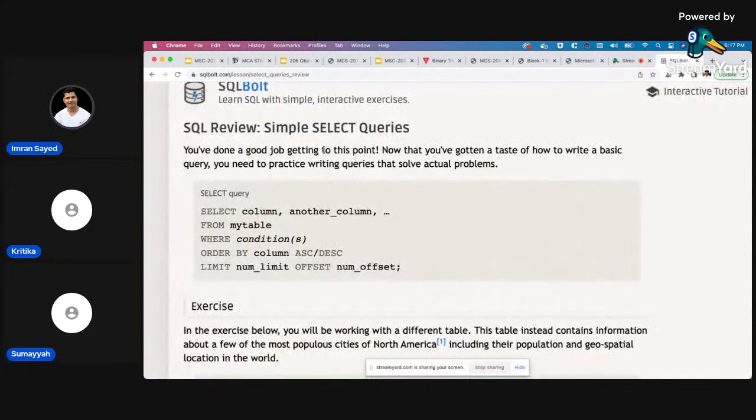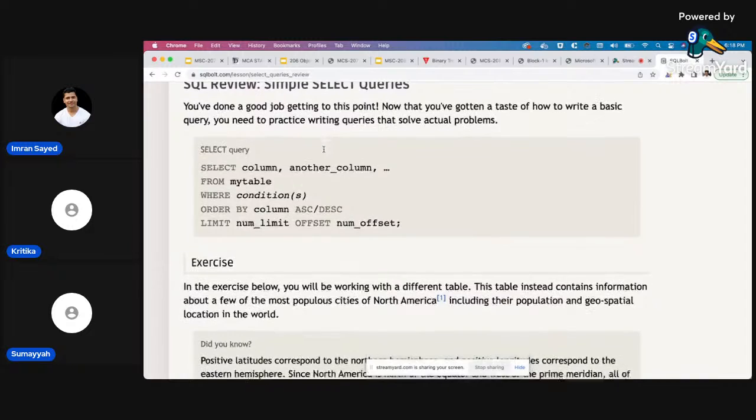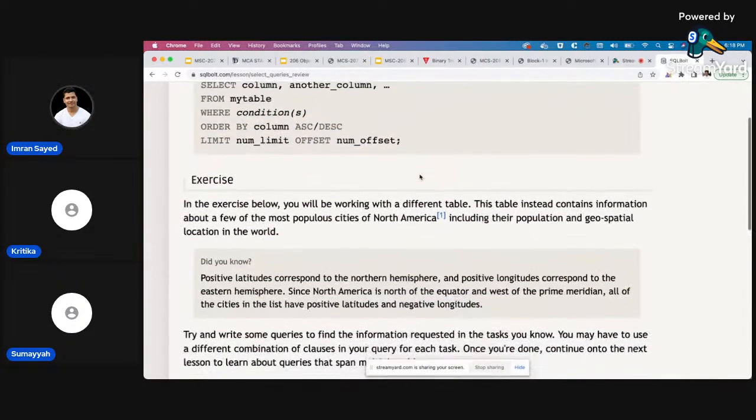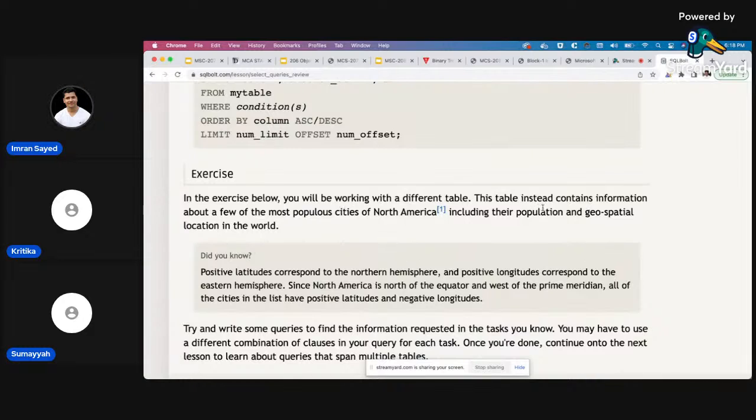So, simple select queries. You've done a good job getting to this point, so well done. Now that you've got the taste, you need to practice writing queries that actually solve problems. So now we're going to combine everything we've learned so far. In this exercise, you'll work on a different table.